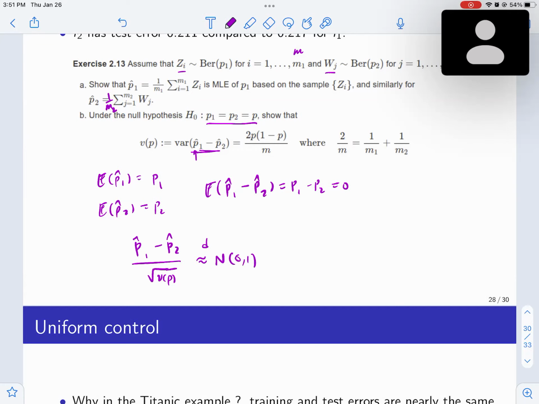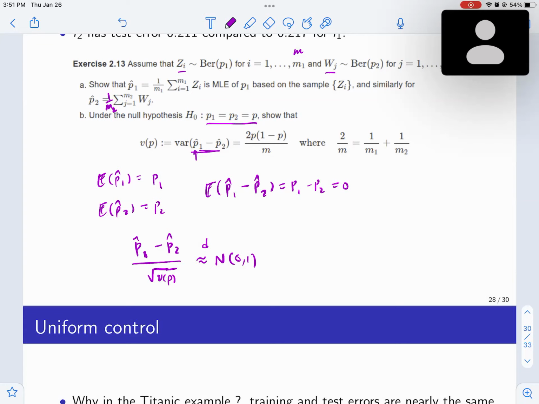This is by the CLT: it is not exact, but for large enough samples, the difference is going to be normal. And this variance you can calculate, and then I can approximate it. If I want to approximate the variance, I could.